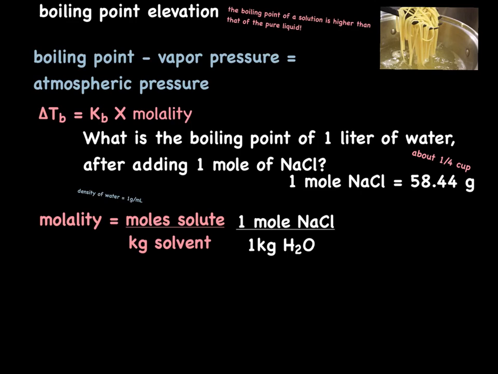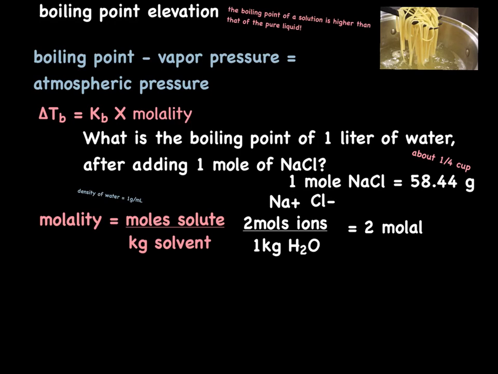When we put sodium chloride in water, it dissociates into sodium ions and chloride ions. So that 1 mole of sodium chloride actually is forming 2 moles of ions. So what we will do then is multiply our number of moles by 2. And so the actual molality in terms of particles is going to be 2 molal.